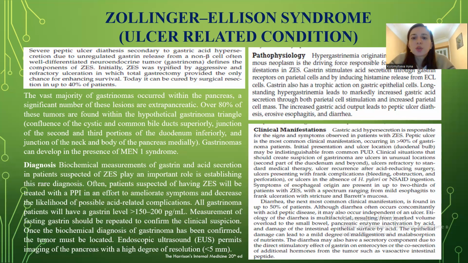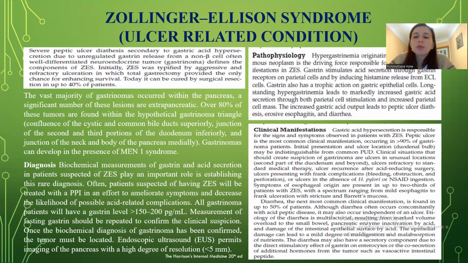Clinical situations that should create suspicion of gastrinoma are ulcers in unusual location, ulcer refractory to standard medical therapy, ulcer recurrence after acid-reducing therapy, ulcer presenting with frank complication: bleeding, obstruction, perforation.